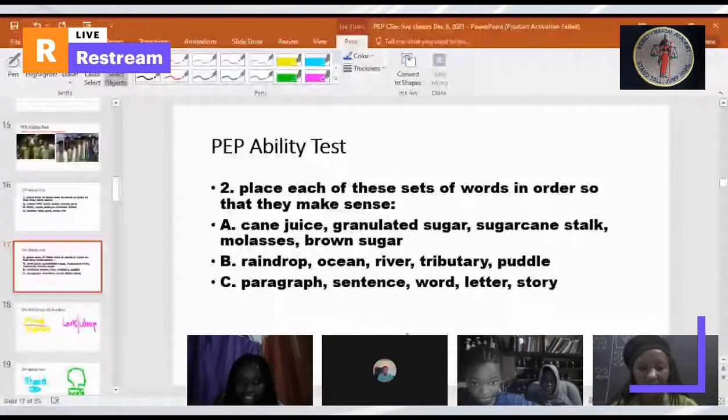The sugar cane stalk, the brown sugar, the granulated sugar, the molasses, then the cane juice. No, ma'am. You want to try, Amari? Would it be the sugar cane stalk, then the molasses, then the granulated sugar, then the brown sugar, then the cane juice?